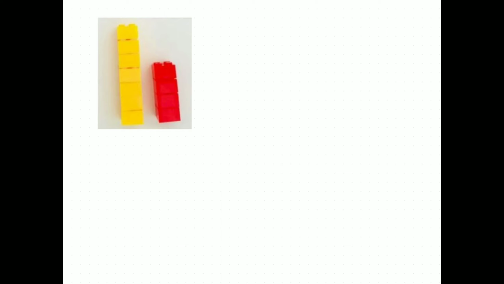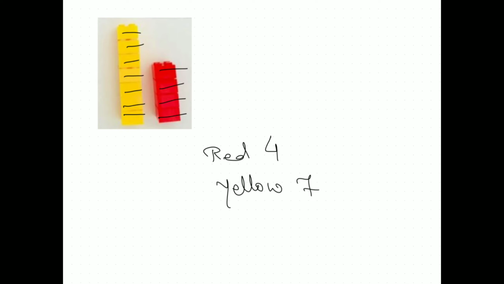So you can again ask your children to count. How many blocks are red? So let's count. 1, 2, 3, 4. So we will say red is 4. How many are yellow? 1, 2, 3, 4, 5, 6, 7. So yellow is how many blocks? 7.